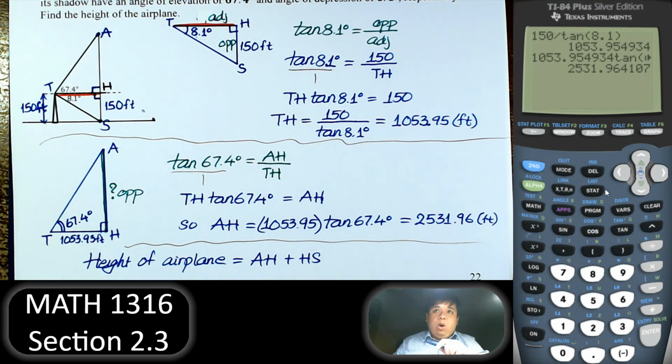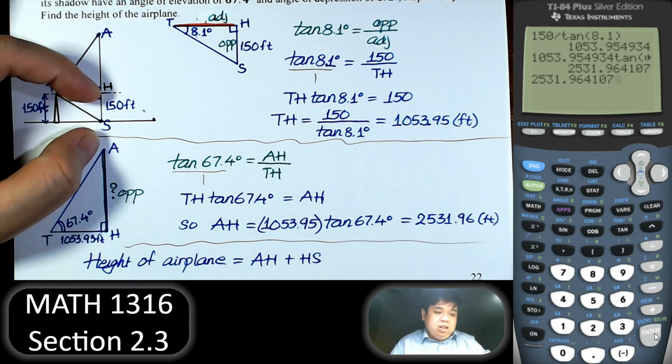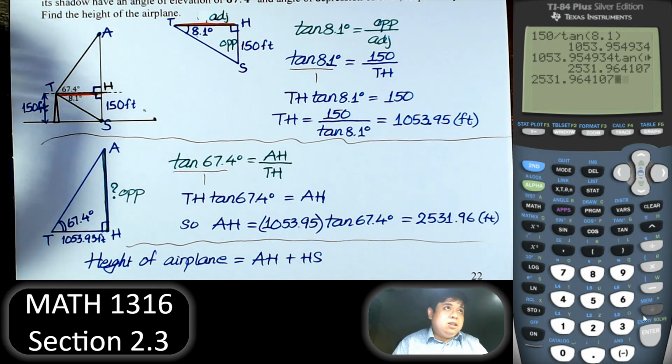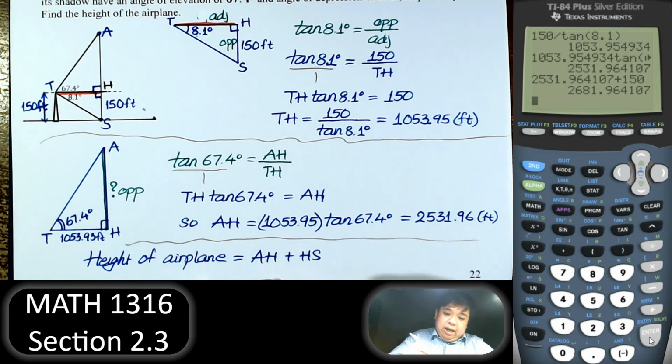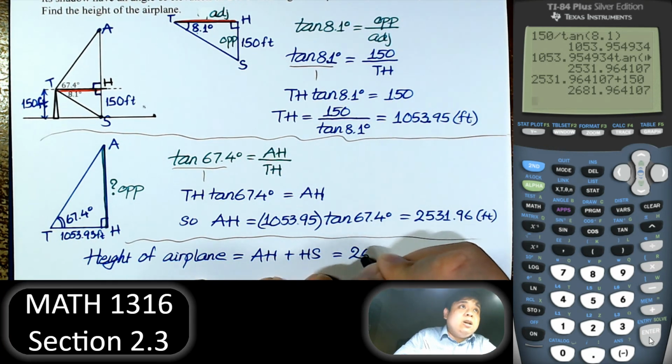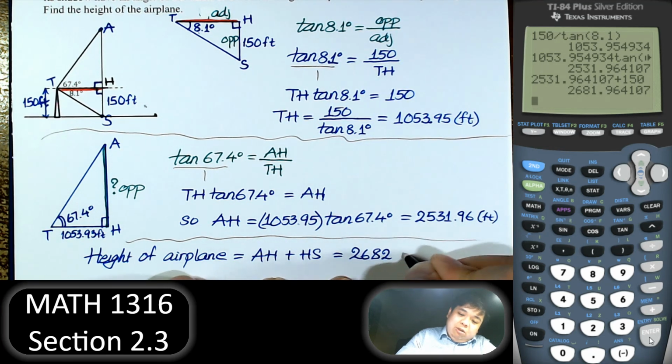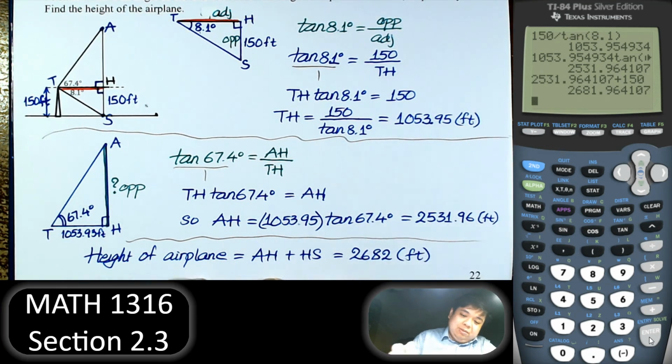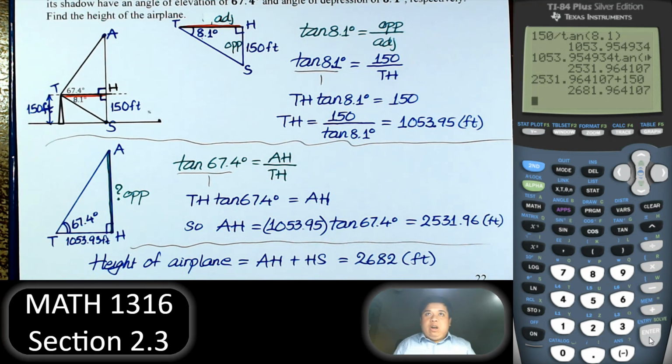So we just add 150 to this. 150. And we have 2681.9, let's say 2682, round to the nearest foot. Right, so that is the height of the airplane.